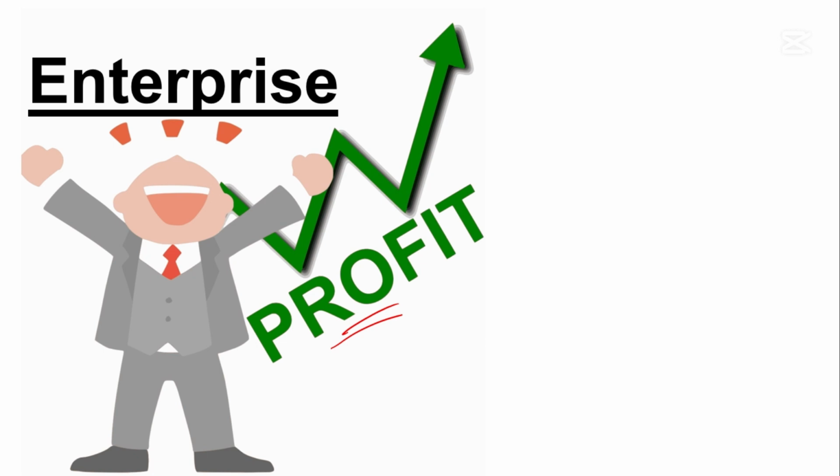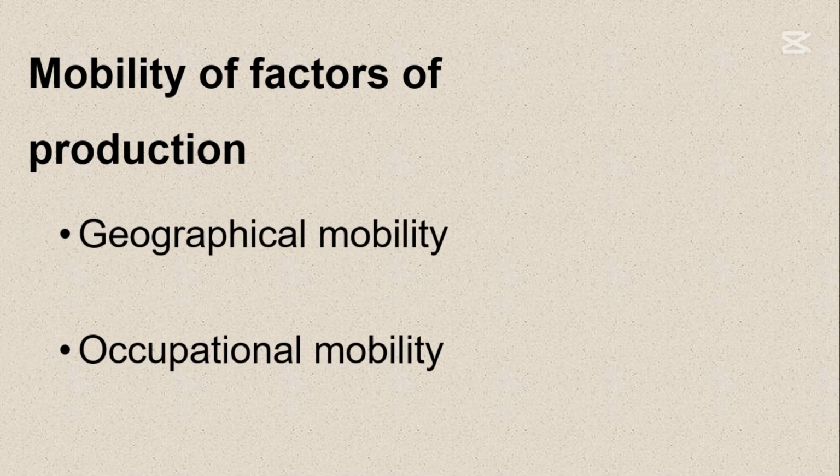So now let us move to the next part, and the next part is mobility of factors of production. So we want to look at these factors of production. How can they move? We have two types of mobility. One is geographical mobility, the other one is occupational mobility.